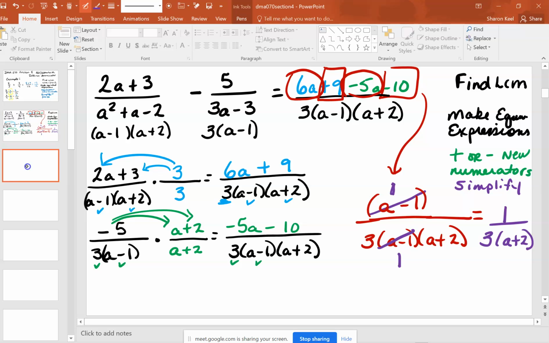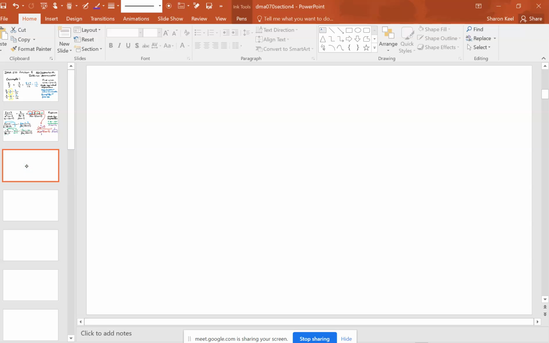Okay, let's do another. Let's say we have, for this one, 3B over B minus 5 plus 15 over 5 minus B. We need to find the least common multiple. Now this is in the correct order, but notice the order is wrong here.